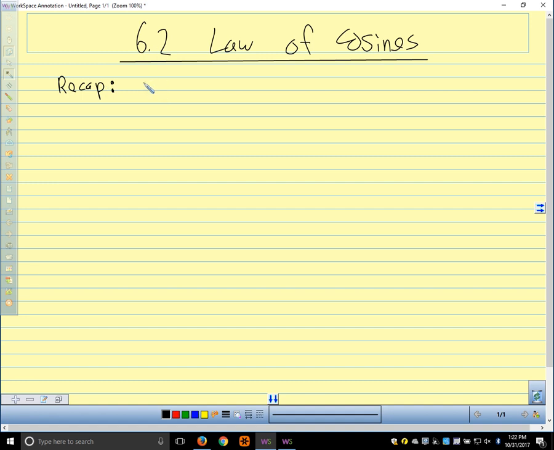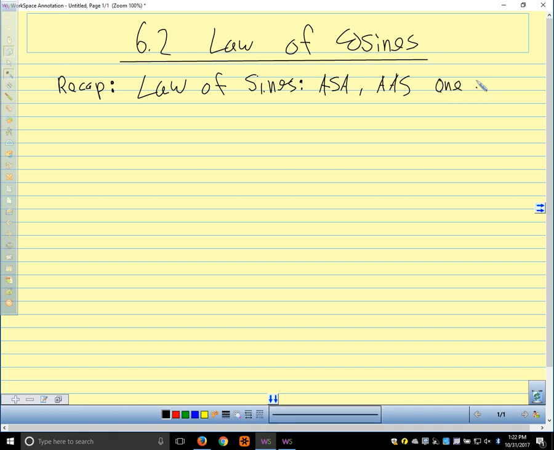Let's recap quickly. Law of sines. We use law of sines when we have an angle-side-angle triangle or angle-angle-side triangle, and this is when we get one triangle.